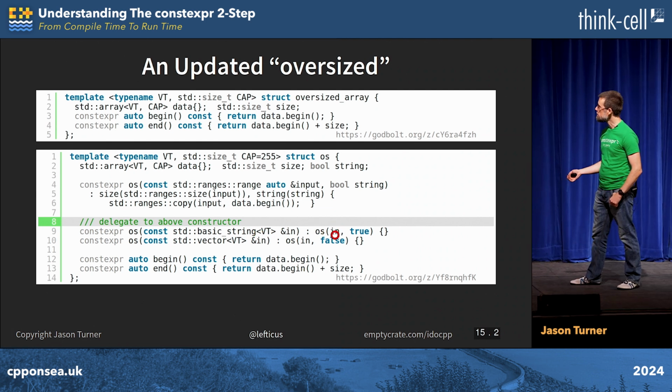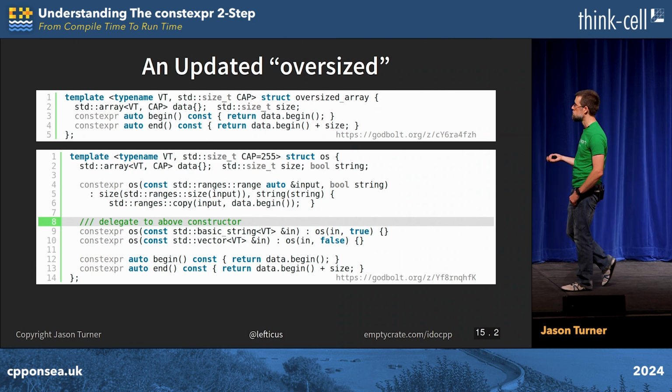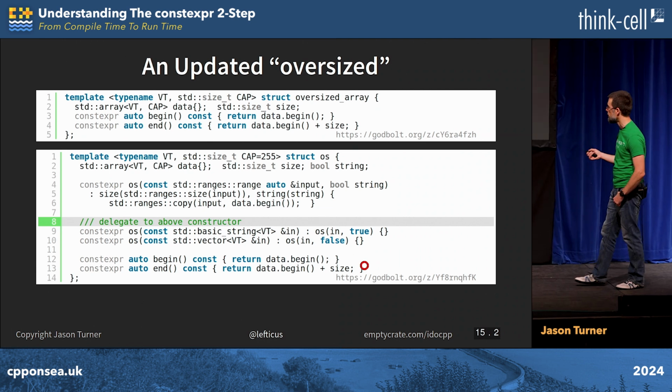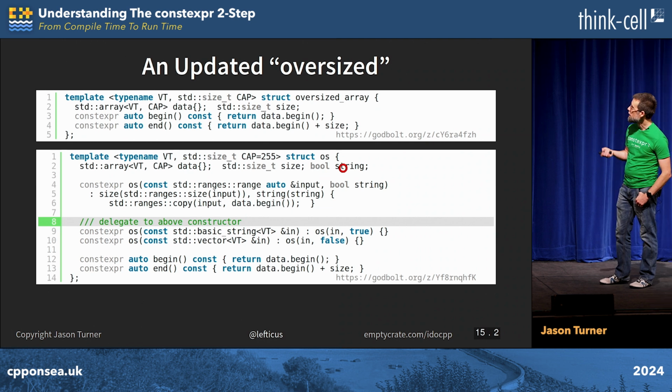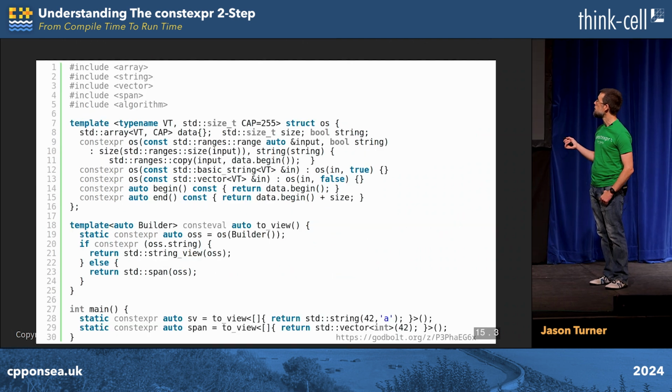My second constructor on line 9, if I receive a basic string, I just delegate to the other constructor and pass true, this was a string. And if I receive a vector, I again delegate to the other constructor and say false, not a string. So I can handle string and vector separately. Otherwise, my begin and end stay the same, and I've just added this extra bool, whether or not it's a string.